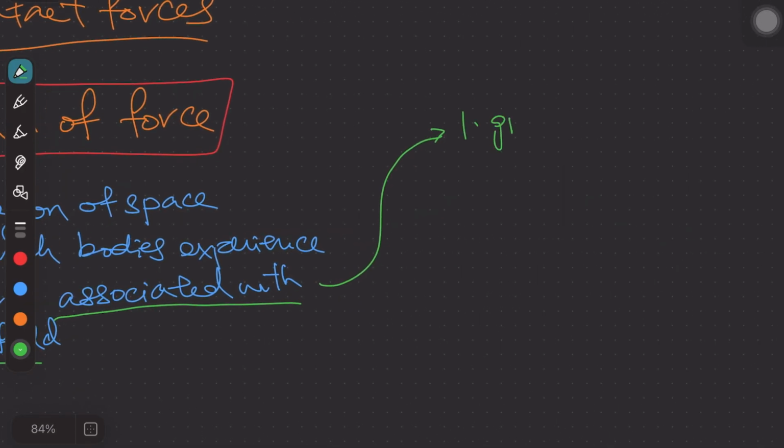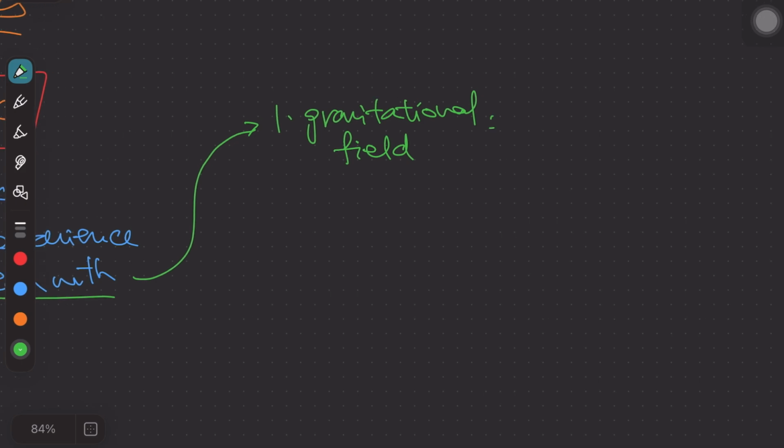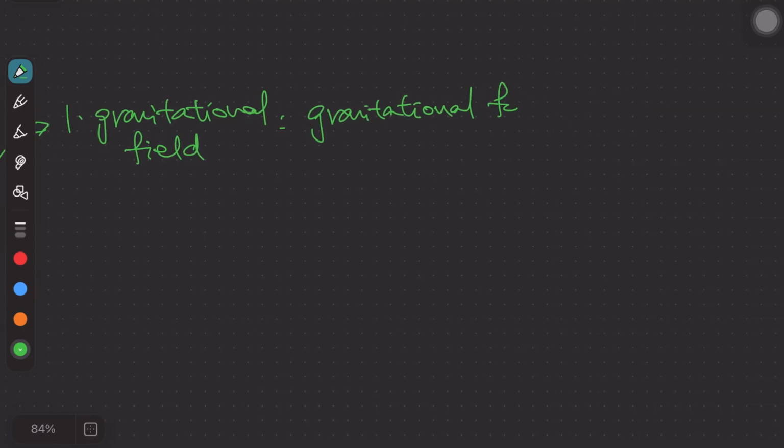Firstly, we have the gravitational field. I believe we are all familiar with this. What's a gravitational field? It's a region of space where gravitational force acts on a mass. So in this case, mass is the property that the field interacts with.